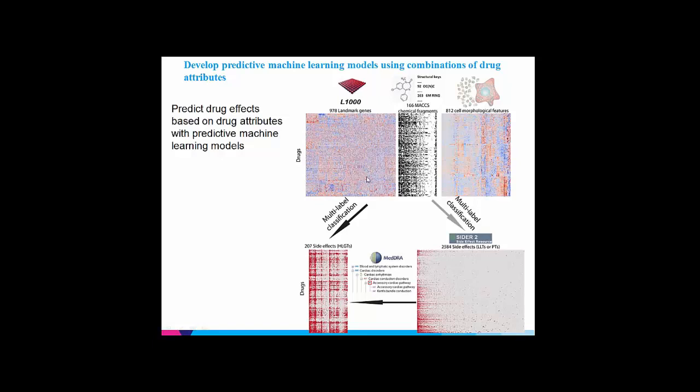First I split the drugs into training and validation sets with threefold cross-validation, so 2/3 for training, 1/3 for testing, and then look at each individual side effect, use those matrices to train the model for each individual side effect, and then evaluate on the testing sets.